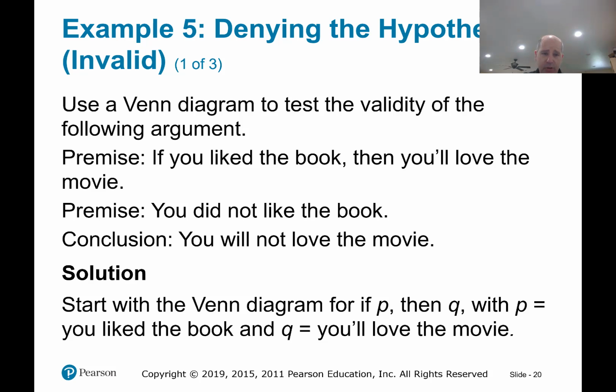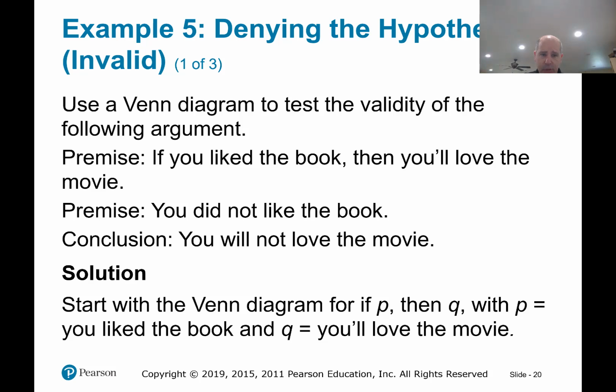So that means the circle that represents all people who liked the book is going to be inside the circle of all people that love the movie. So it's a subset, right? All conditionals are subsets, as we've seen before.